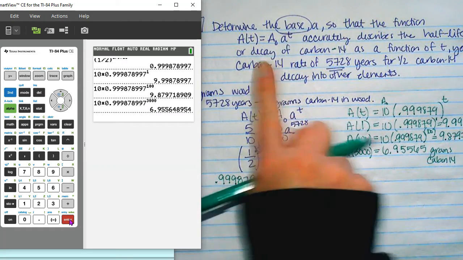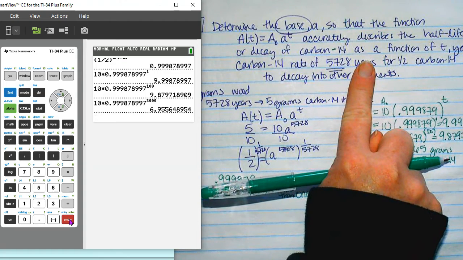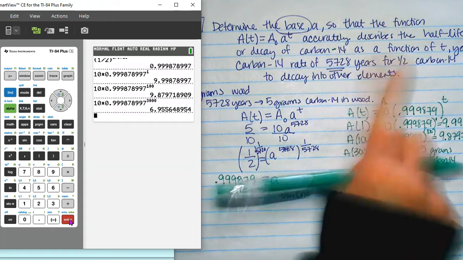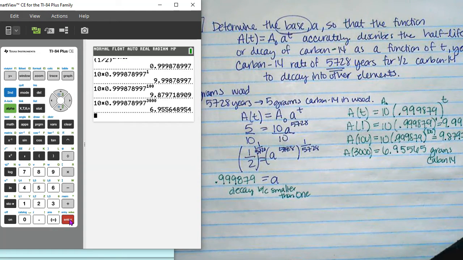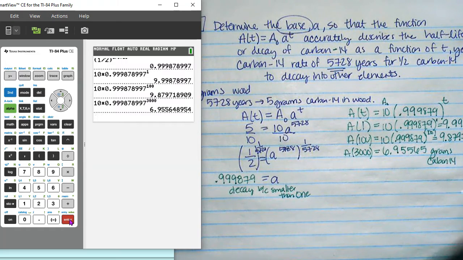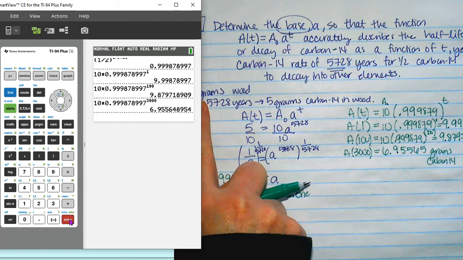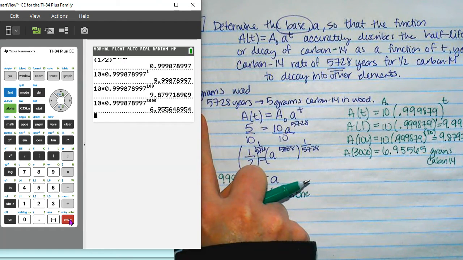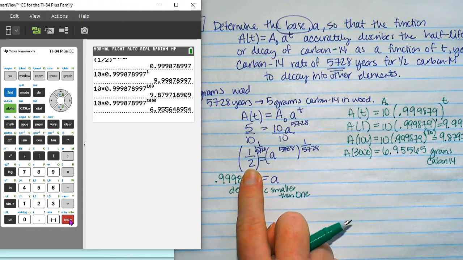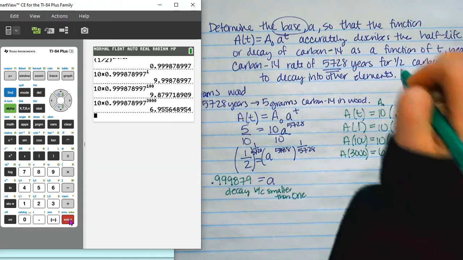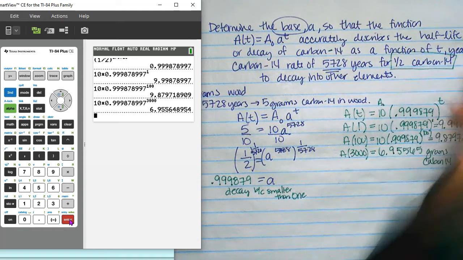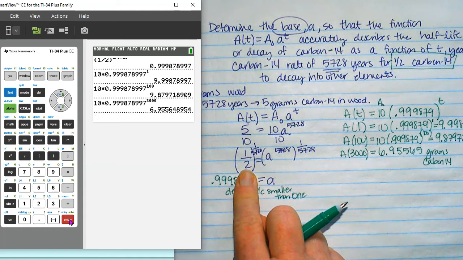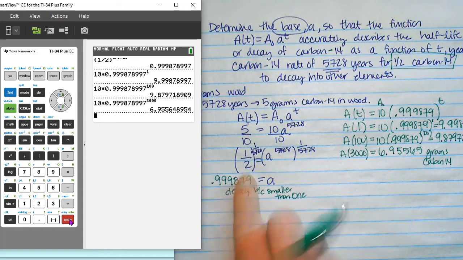So you have to read the problem and figure out how you can use that to puzzle out an equation. Now this one, I made up my numbers, 10 grams and then to 5. You can make up anything because at the end it's going to equal a half, because this was about half-life. So some problems are harder to puzzle out than others.